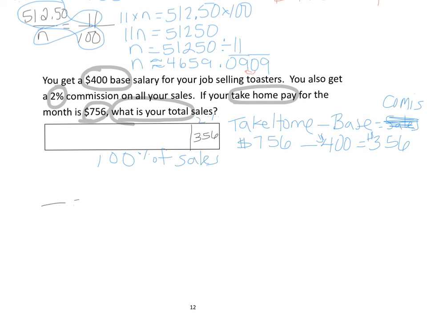We put it into our proportion. 2% is our commission. And we also know that we made $356 in commission. Sorry for any confusion. And we want to know what our total sales are. Cross multiply as we have been doing. 2 times n, 356 times 100.